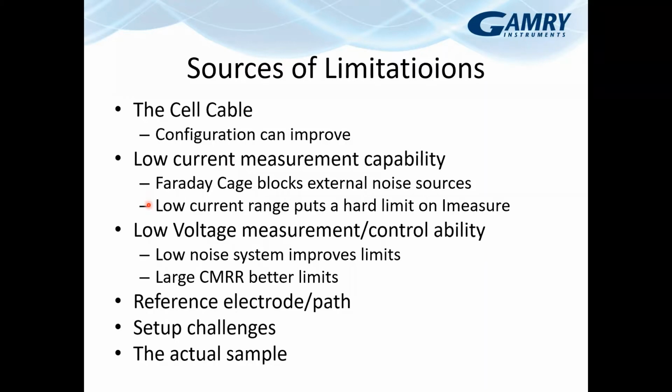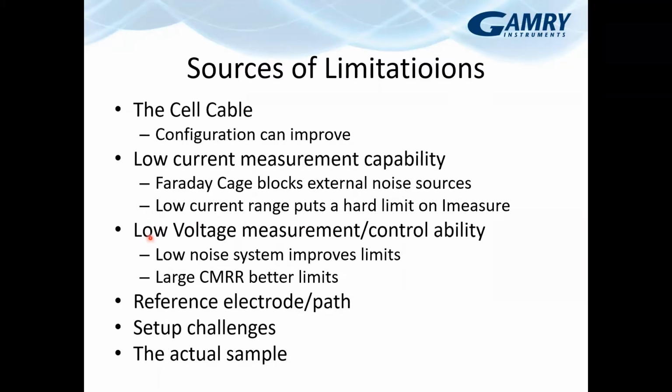Additionally, the low current range of a potentiostat puts a hard limit on the current measurement capabilities. High impedance means low current. So low current measurement capabilities are what end up being limiting, especially on the DC side or as you approach DC for impedance.